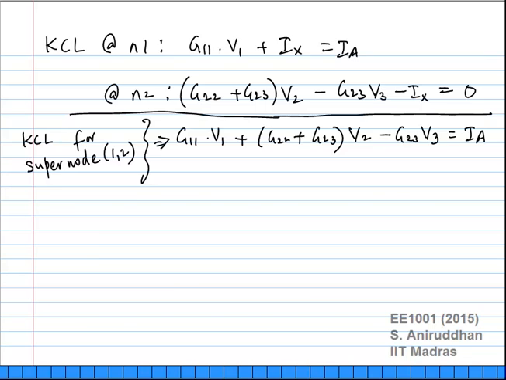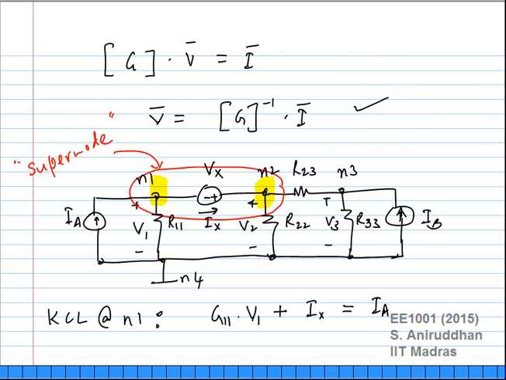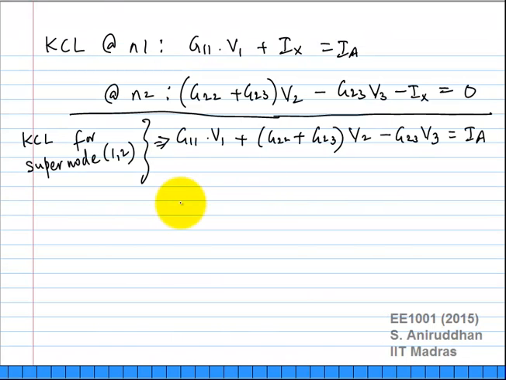V2 minus V1, so I'll write it as minus V1 plus V2 is Vx. So this gives you the extra equation in terms of the voltage variables V1, V2 and V3 if need be, to solve for the voltage variables. Is that clear?